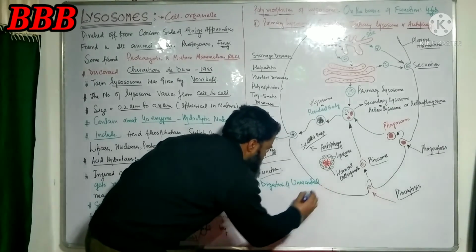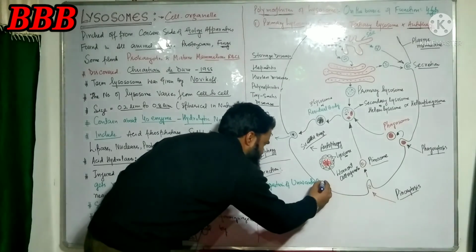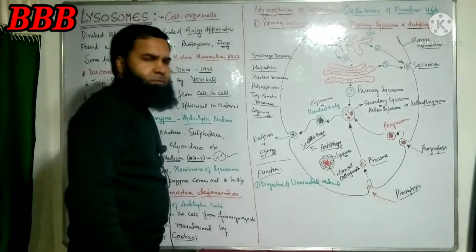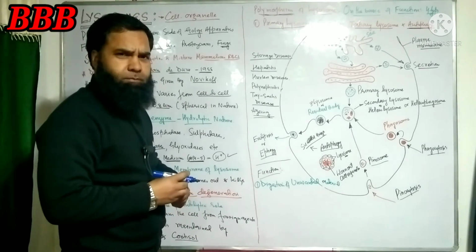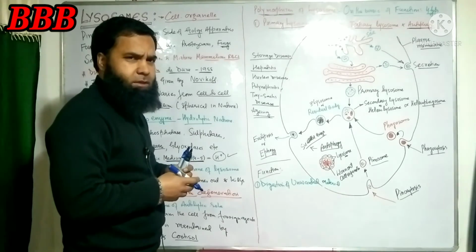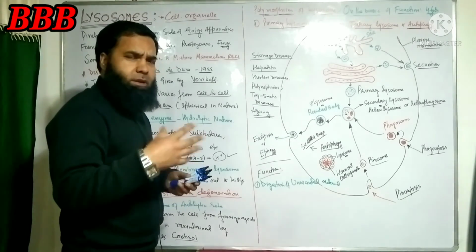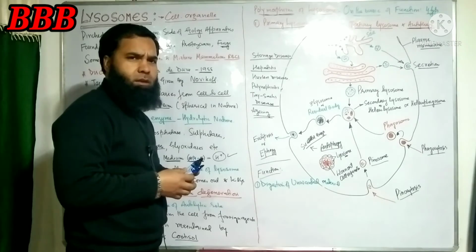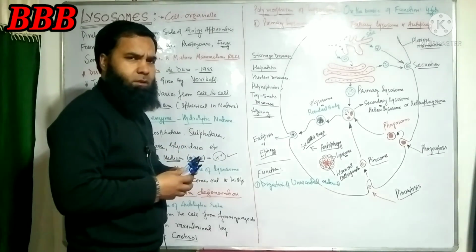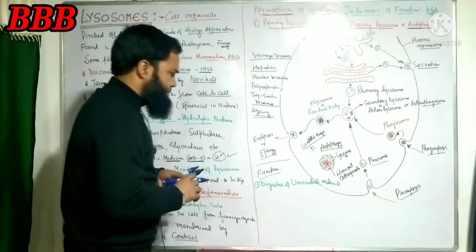That means the material which is not needed for the cell. Unwanted material means a foreign agent comes in contact with the cell and enters into the cell. Then the hydrolytic enzymes play a role in getting rid of that unwanted material out of the cell.